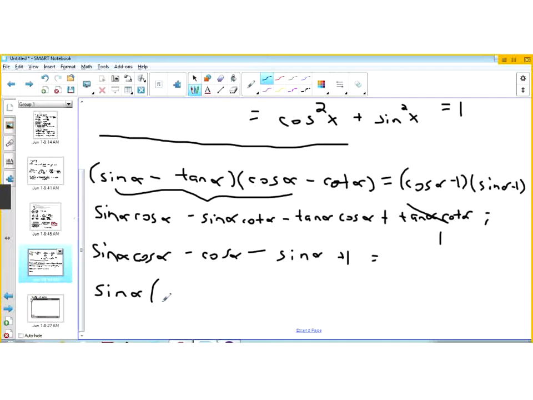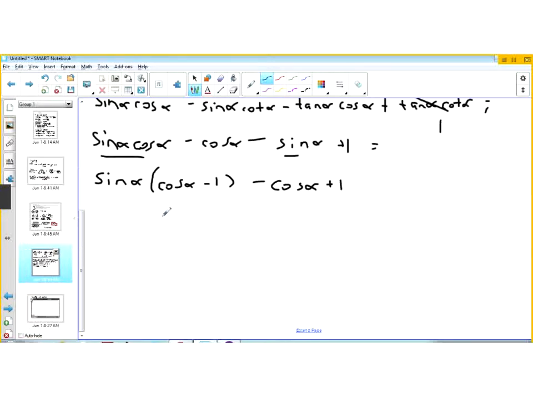So sine alpha times cosine alpha minus 1, so that those two terms factor, minus cosine alpha plus 1. Okay, and then we can factor further. We can factor out the cosine alpha minus 1, so this would be, well, before I do that, let me make it so it's apparent to you.